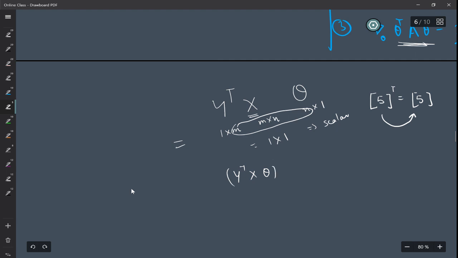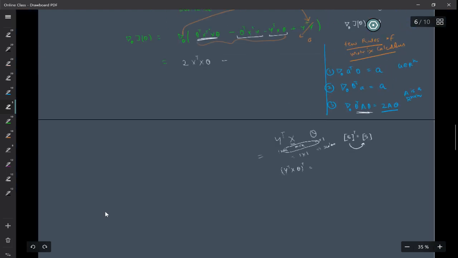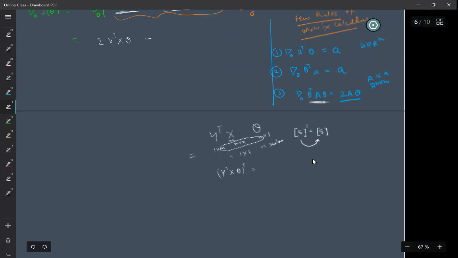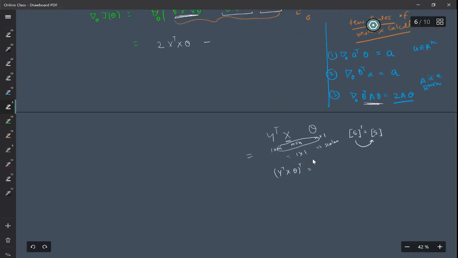So this transpose is going to be, let us see what is the transpose of this number. Because it is a scalar, we can take a transpose, and this is going to be theta transpose into x transpose into y, right?